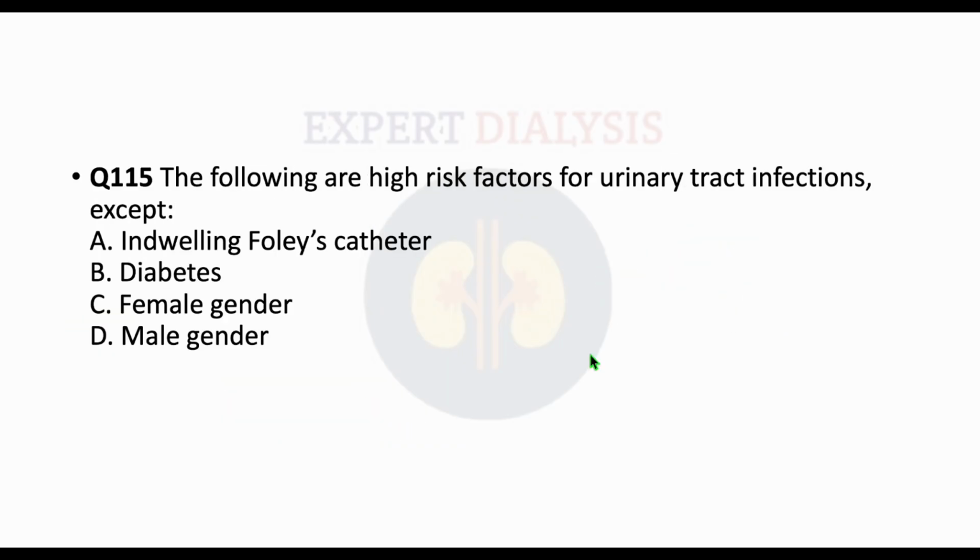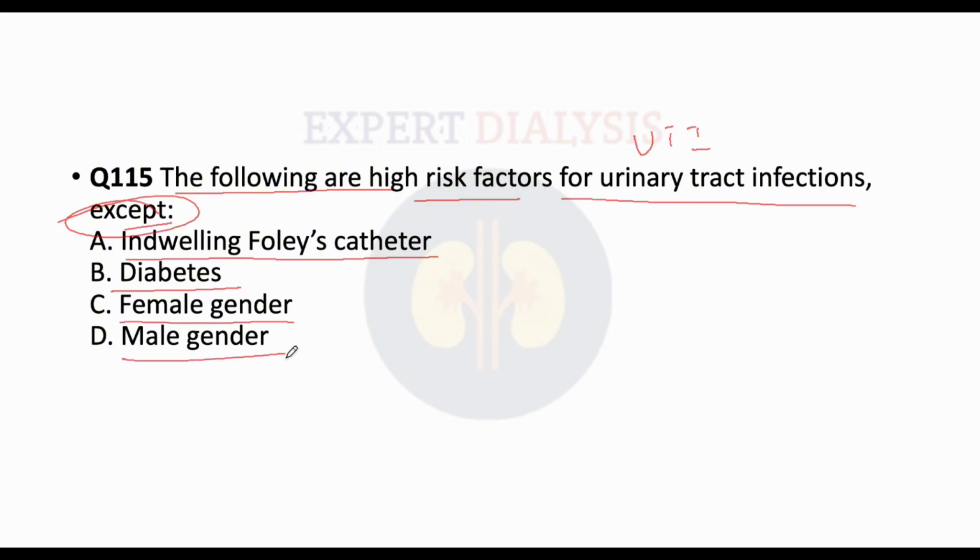Moving to the next question, it says the following are high risk factors for UTI except. We have to tell the exceptional option here. So option A is indwelling Foley's catheter, option B is diabetes, option C is female gender, option D is male gender.